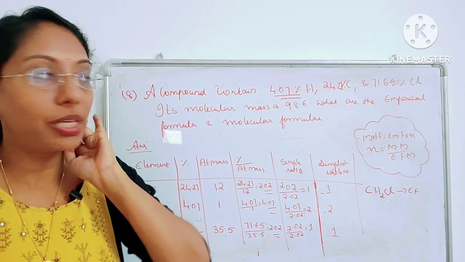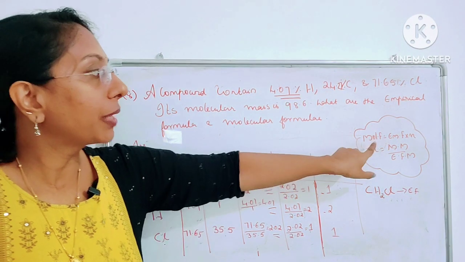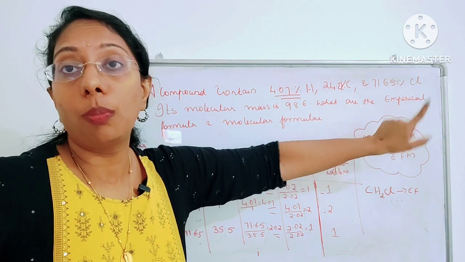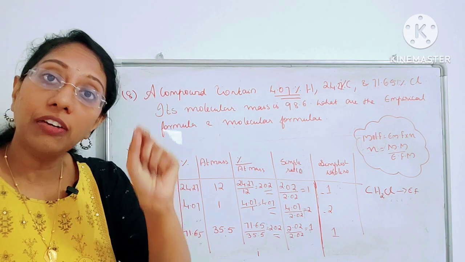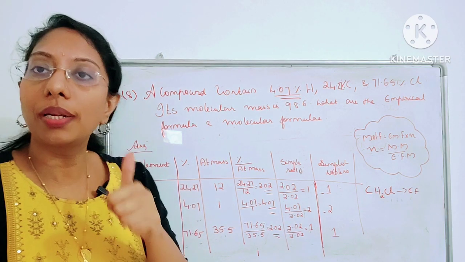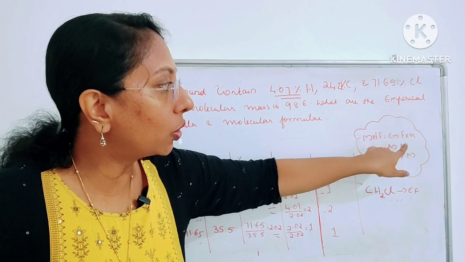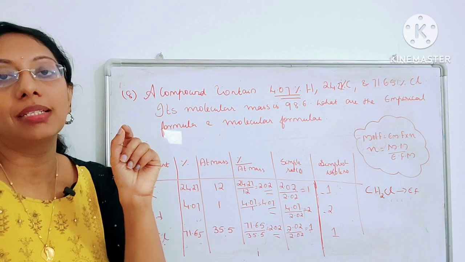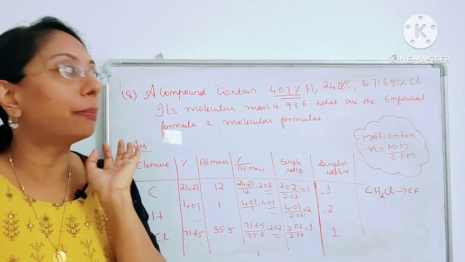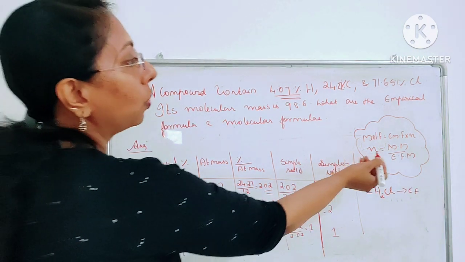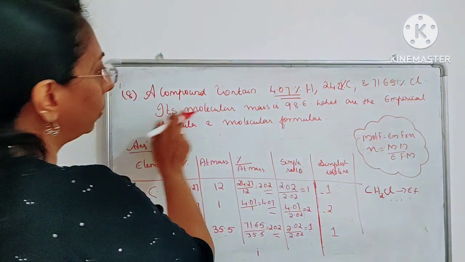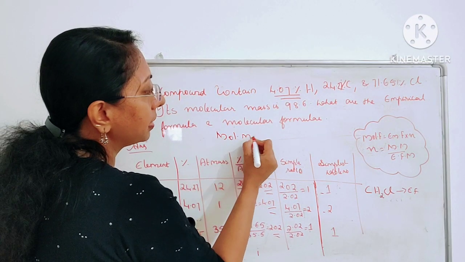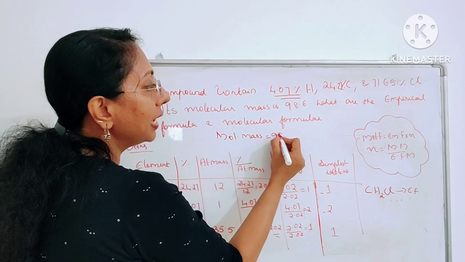We know the formula to determine the molecular formula: molecular formula is equal to empirical formula into n. What is this n? n is equal to molar mass divided by empirical formula mass. Where is the molar mass? Look at the question, it is given as molecular mass equal to 98.6.